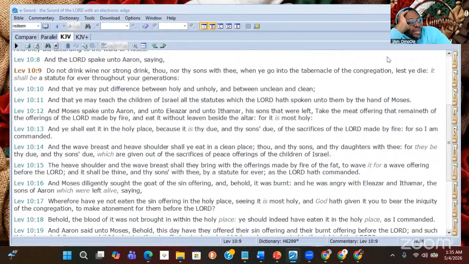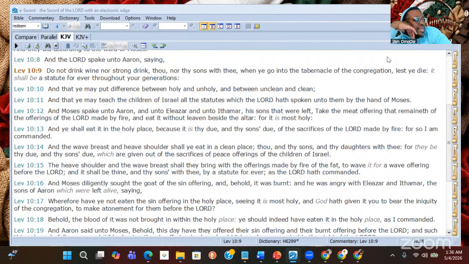Take the meat offering that remaineth of the offerings of Jehovah made by fire, and eat it without leaven beside the altar, for it is most holy. And ye shall eat it in the holy place, because it is thy due, and thy sons' due, of the sacrifices of Jehovah made by fire. For so I am commanded.